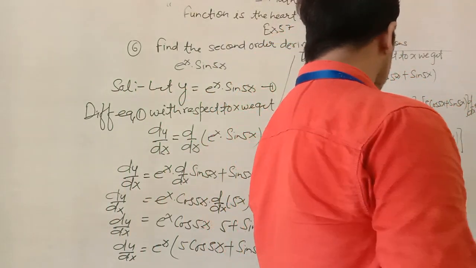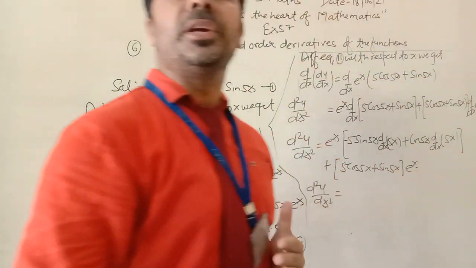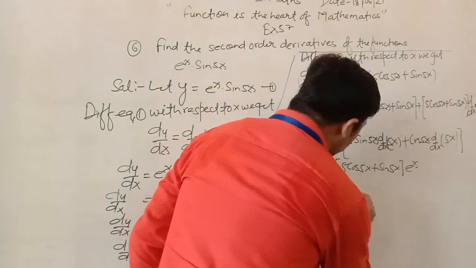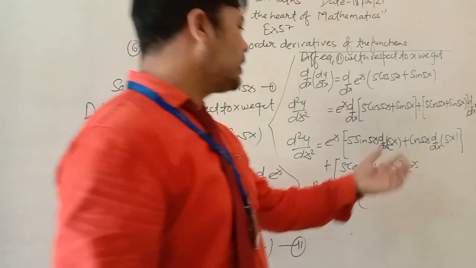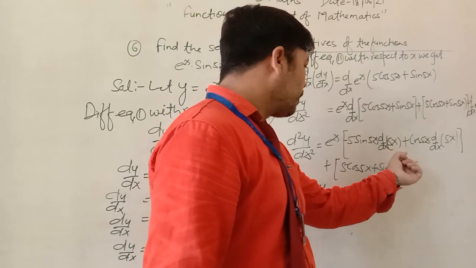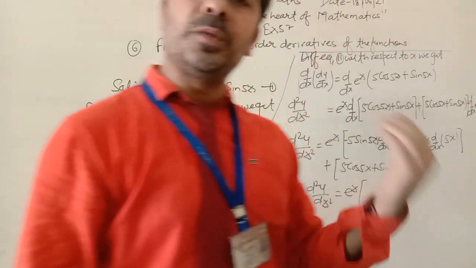Both the terms involve e to the power x, so taking out e to the power x common, you will get 5, since d by dx of 5x gives you 5.